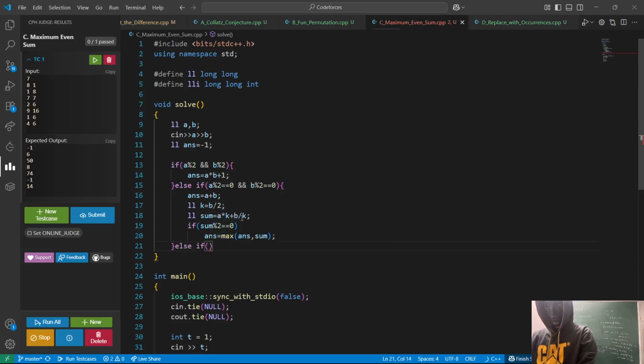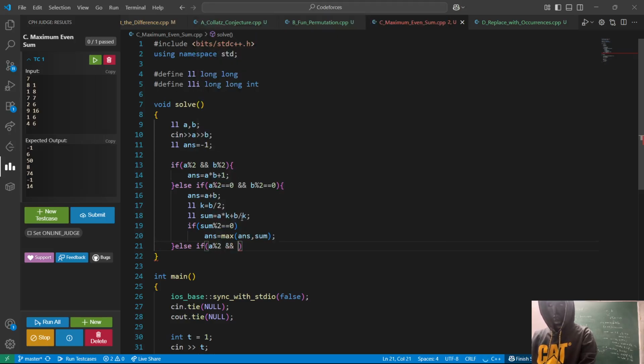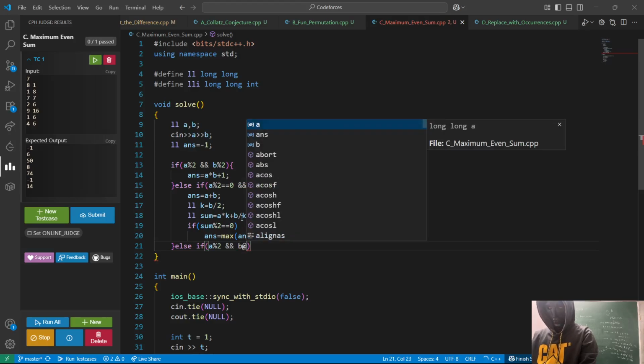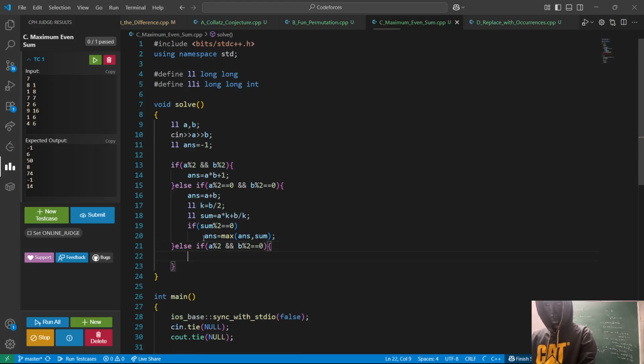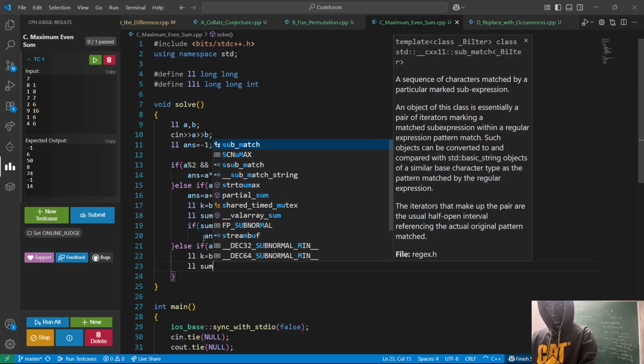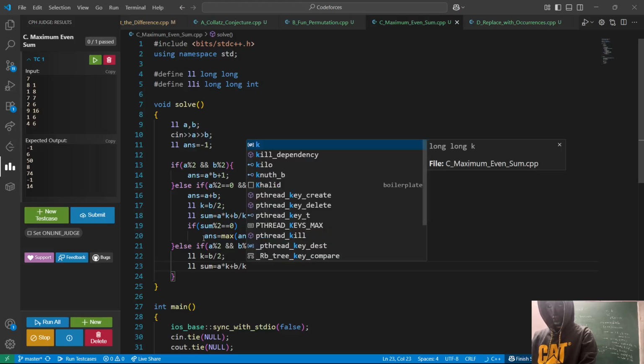Else, one more case we'll have to deal with: a modulo 2 is odd and b modulo 2 is equal to 0, which means the odd and even case. As I showed on the board, in the odd and even case also your k will be b by 2 and your sum will be a star k plus b by k.